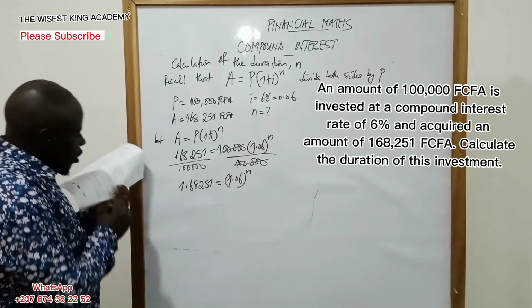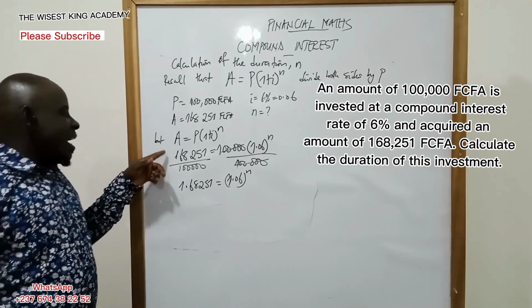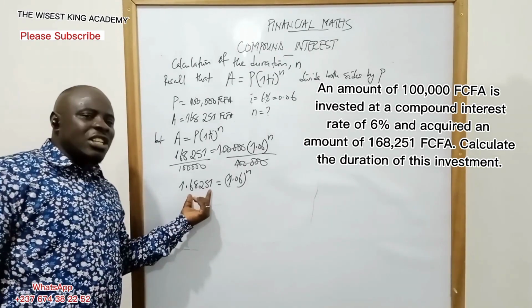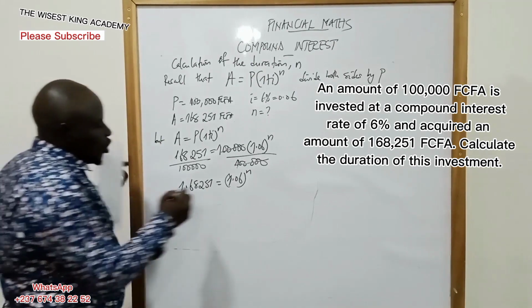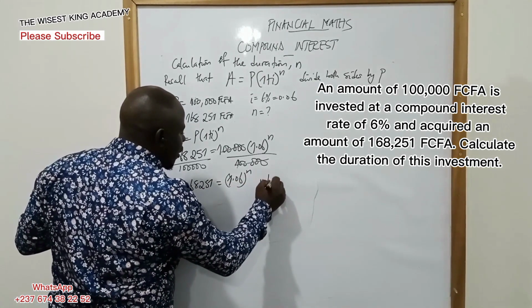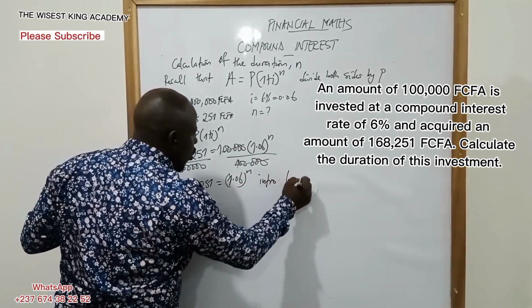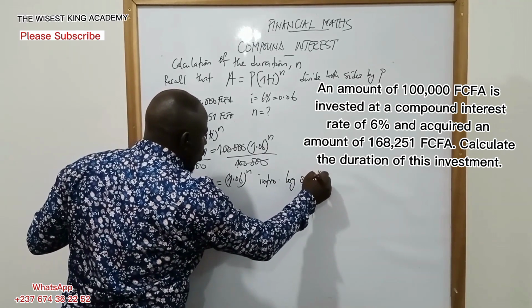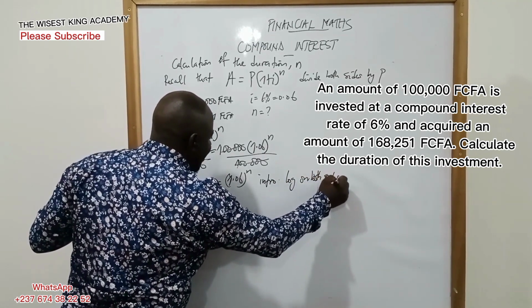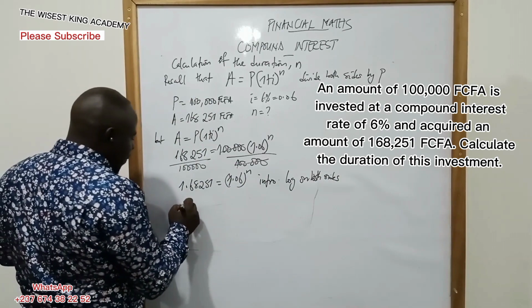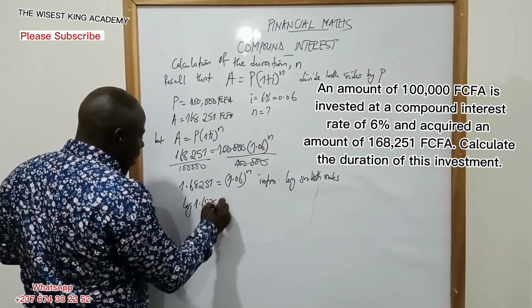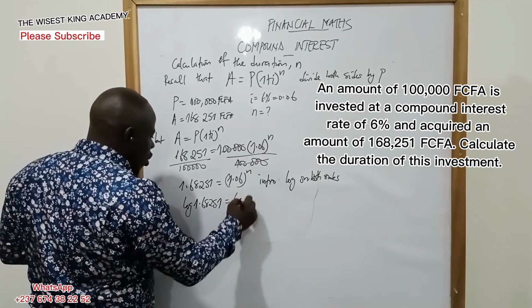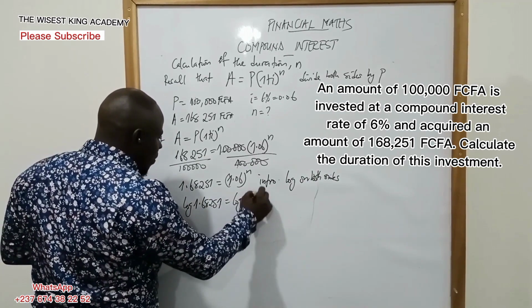Now this is what I was talking about. We have to take A divided by P. It gives a single amount, a single number. So at this juncture, introduce log on both sides. So we are going to have log 1.68251 equals log 1.06 raised to the power n.